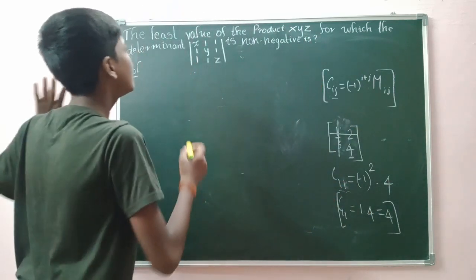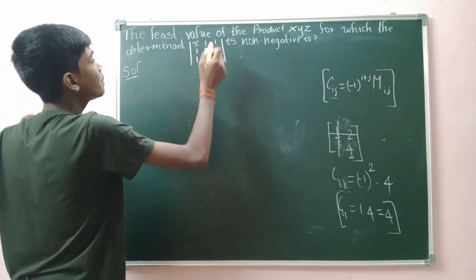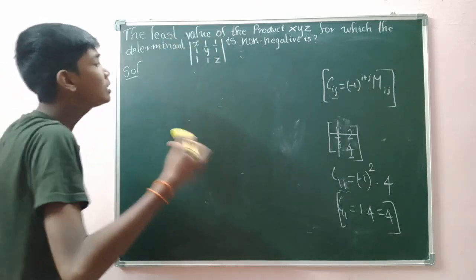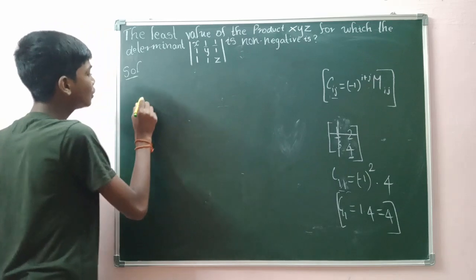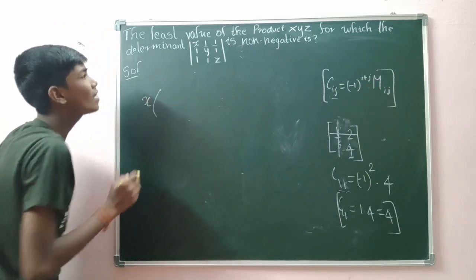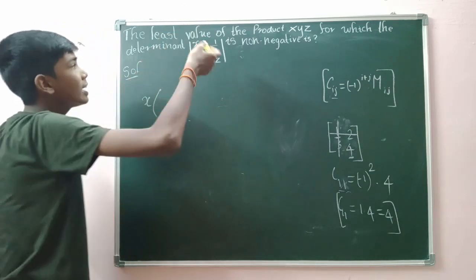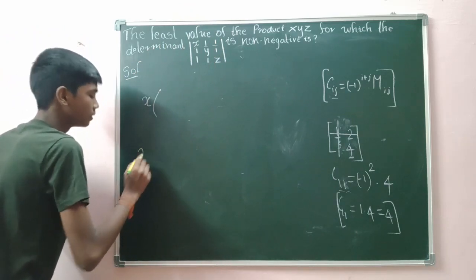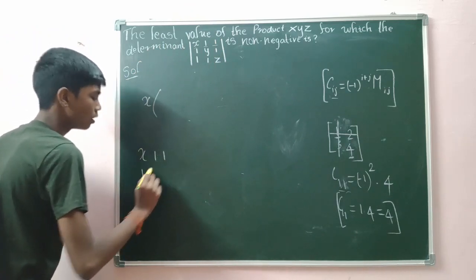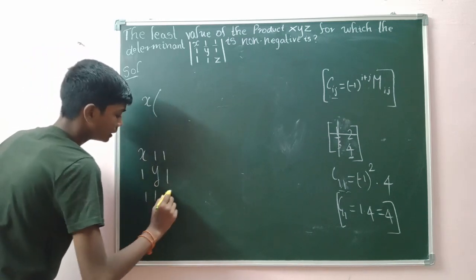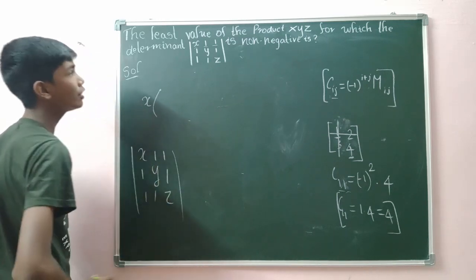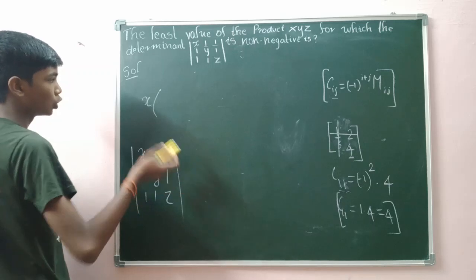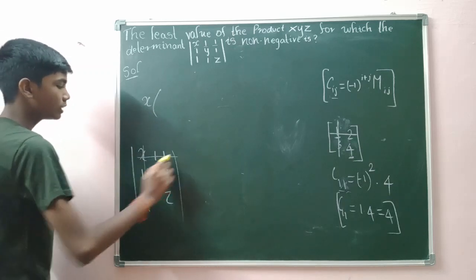So for example, let me take this first row: x, 1, 1. When I take this first row, x is your element. Then what is its cofactor? To find the cofactor, for x you need to strike out these two elements.